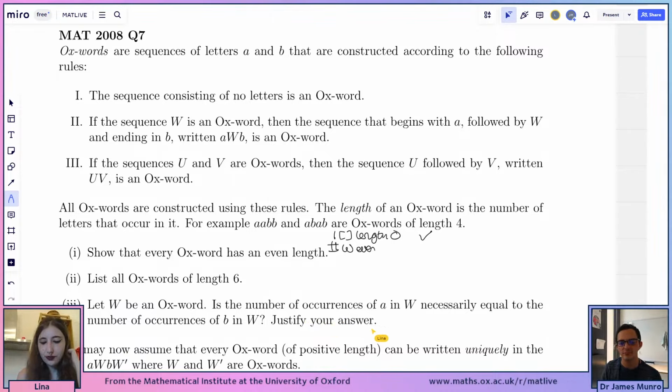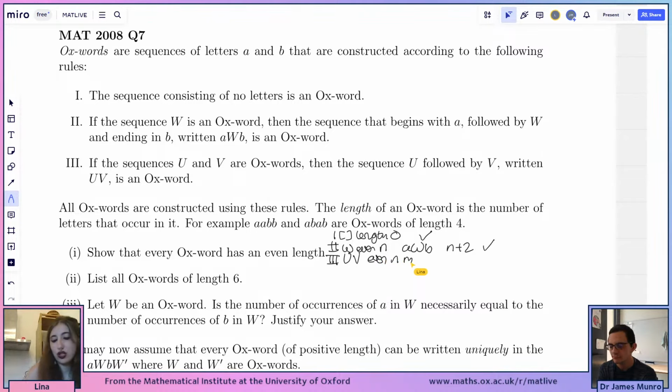Now if W has length n, and n is even, then AWB has length n plus 2. So if n was even, then n plus 2 is also even. So this holds for rule 2. For rule 3, we've now got 2 words, U and V, and they're going to have even lengths of N and M. We can assume this again.